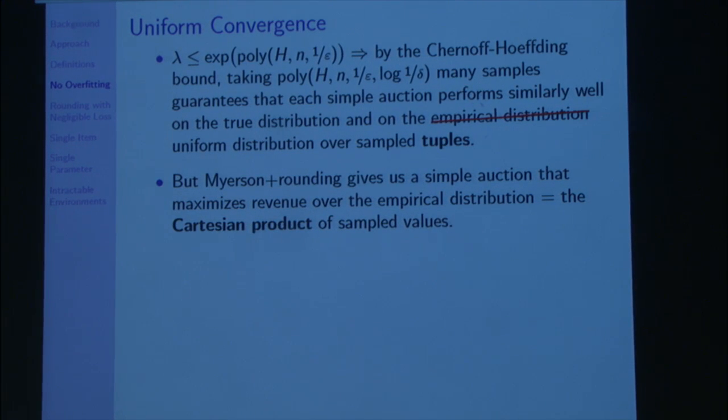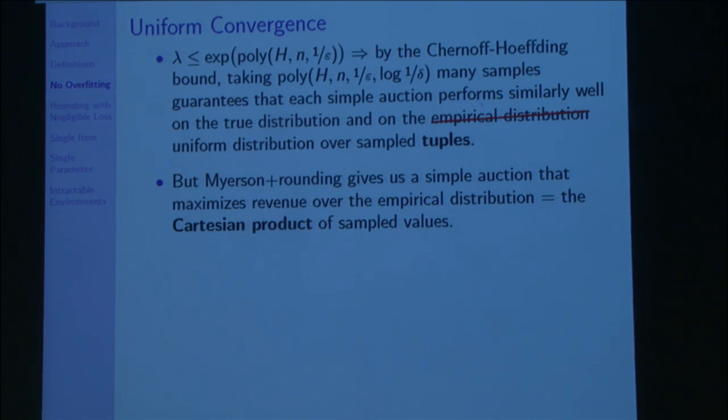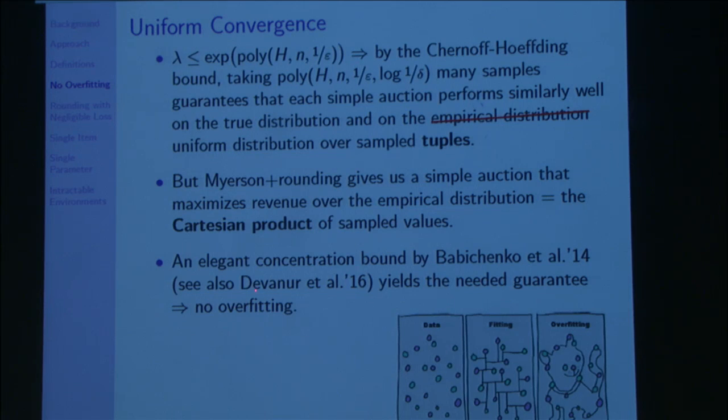For that, Chernoff-Hoeffding or Azuma or whatever is not enough. Luckily, we thought we actually proved a new concentration bound here. Then we realized that Nikhil Devanur et al. proved it last year. And then we realized that actually Babichenko et al. proved it 2 years before that. So it's quite a useful concentration bound, and it gives exactly this.